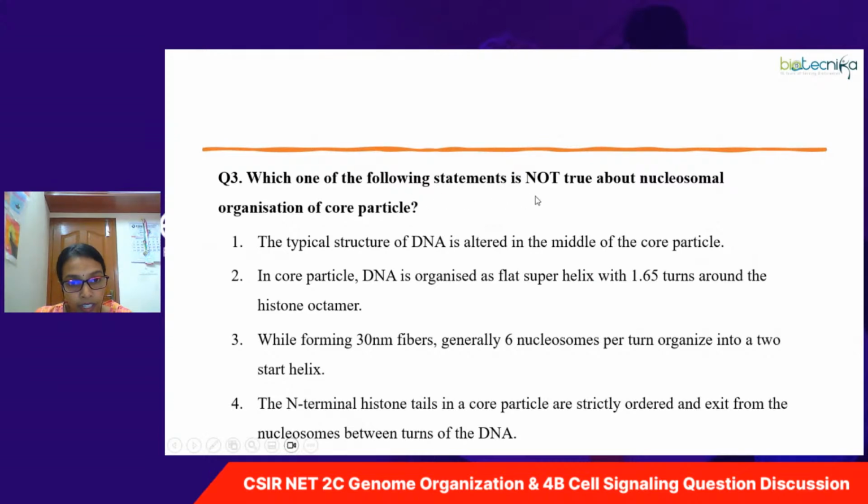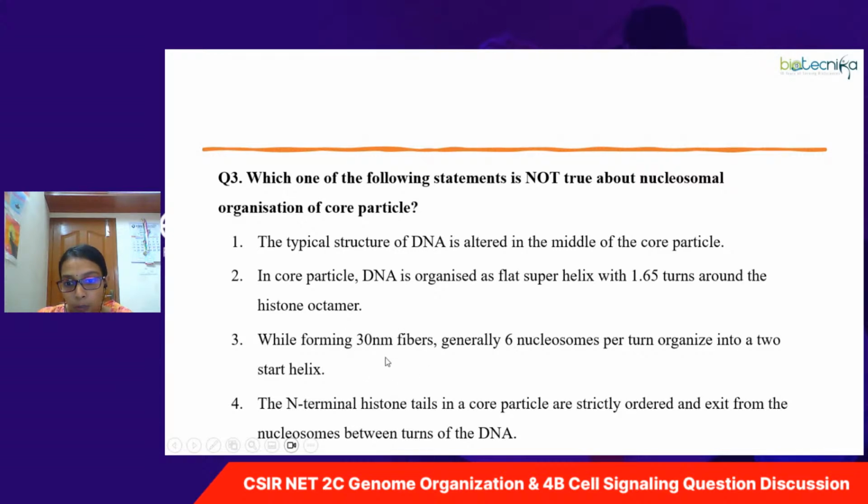Which one of the following statements is not true about nucleosomal organization of core particles? The typical structure of DNA is altered in the middle of the core particle. Within the core particle, DNA is organized as a superhelix with 1.65 turns around the histone octamer.